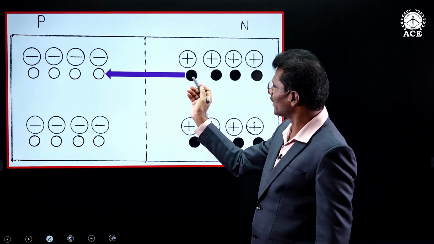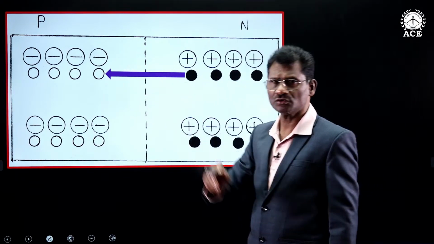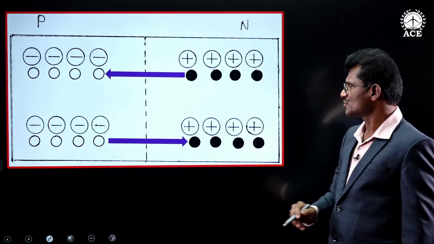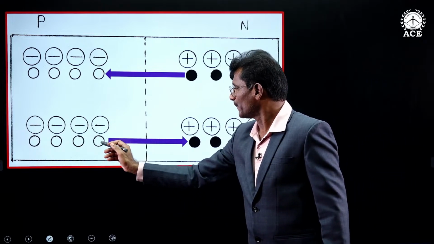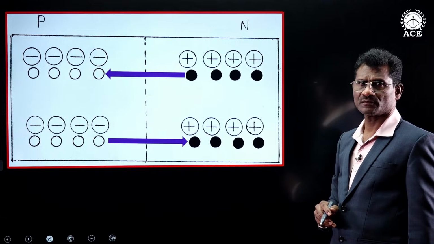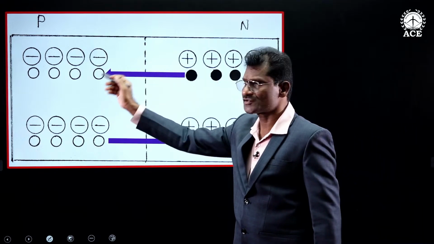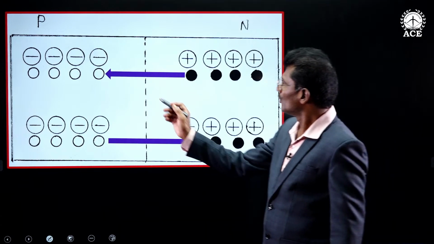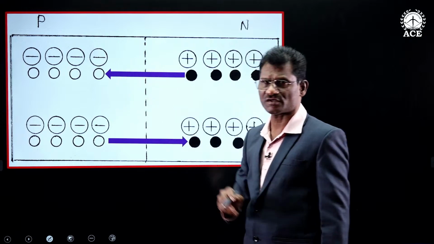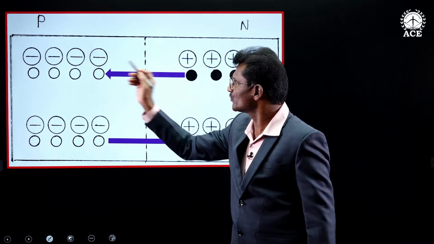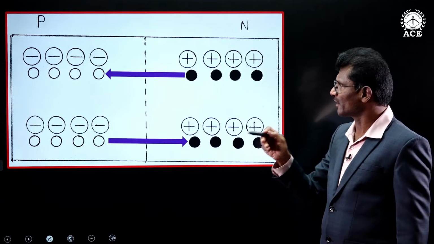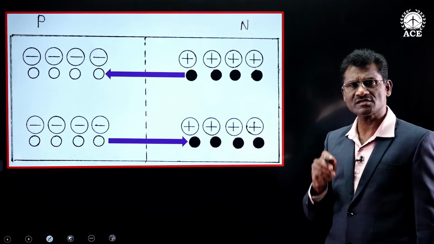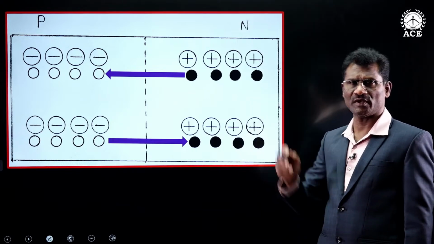Now, electrons of the N side have diffused to the P side. You can see a violet color arrow being shown. Similarly, holes of the P side are diffusing to the N side. Why? Because here electrons are fewer and here holes are fewer. Now, when this electron diffuses to the P side, it recombines with a hole, and that is called electron hole pair recombination.